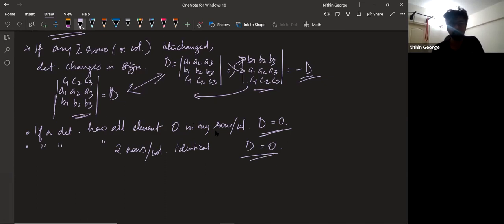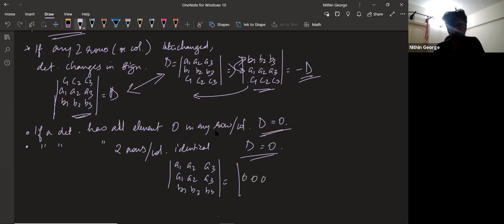Basically, to maintain the determinant as the same, you can subtract a row or a whole column from another. So if two rows are the same, you subtract the first row from the second row.